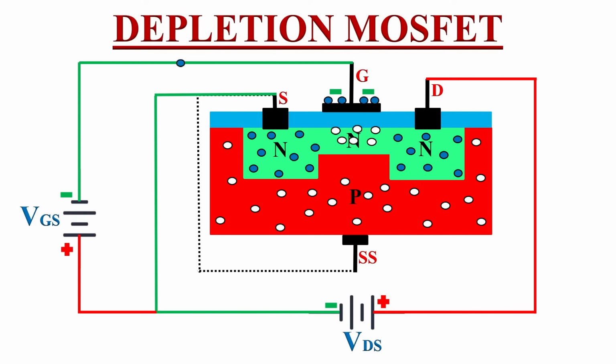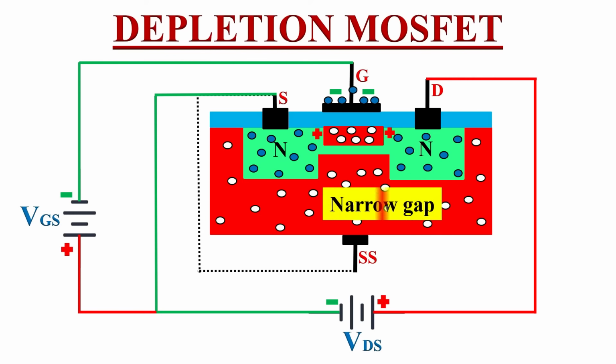In short, positive charge developed in this channel. This will form a channel of positive charge carriers even inside the N-type semiconductor. Hence there will be a reduction of free electrons, and as a result the conductivity or the channel width is reduced.